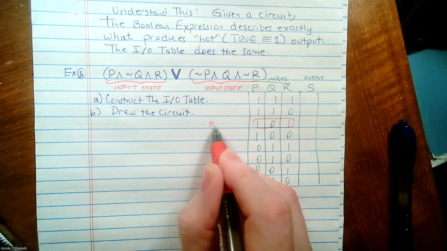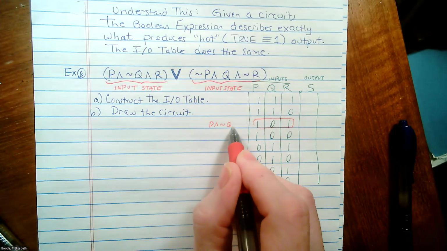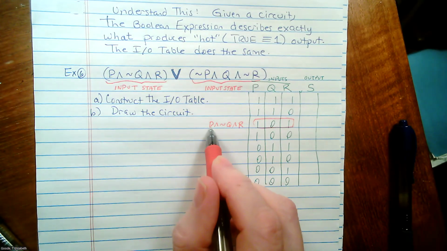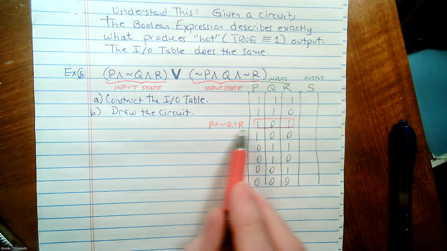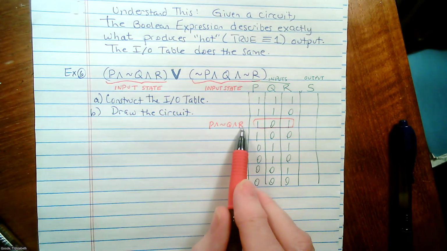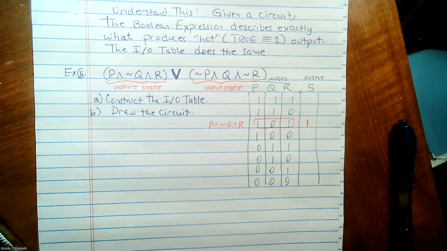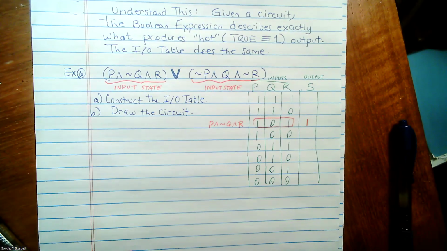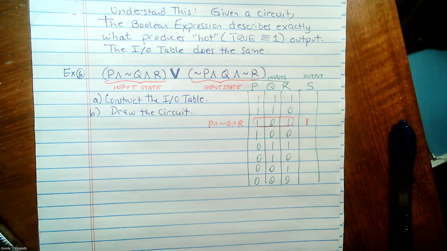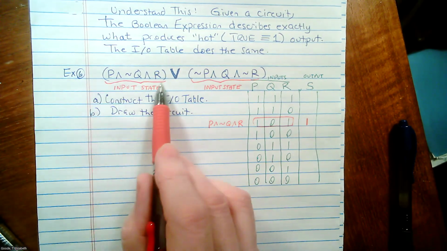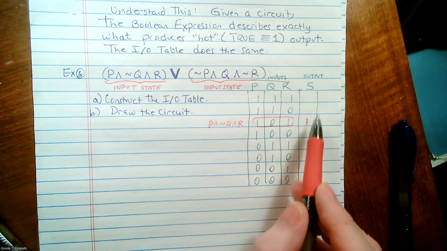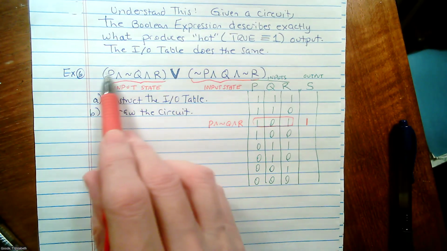This is P and not Q and R, right? P is hot. Q is cold. R is hot. We want a 1 here. That's the way the Boolean expression works. It describes the input that would give us a hot output. So this is one of them.